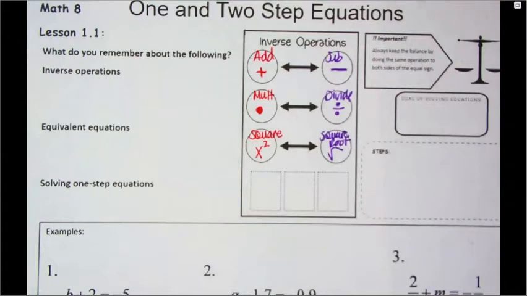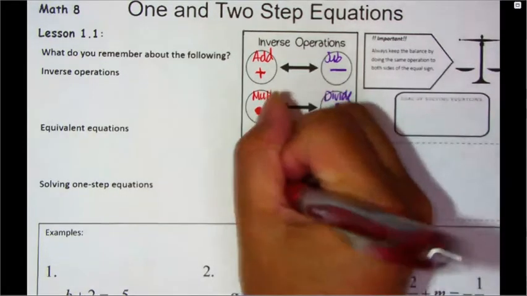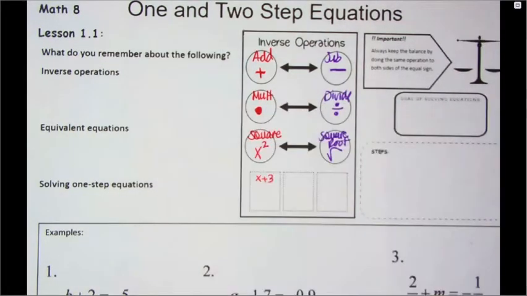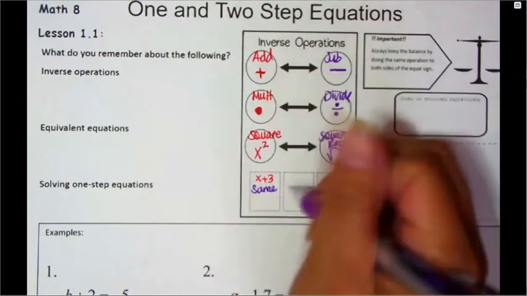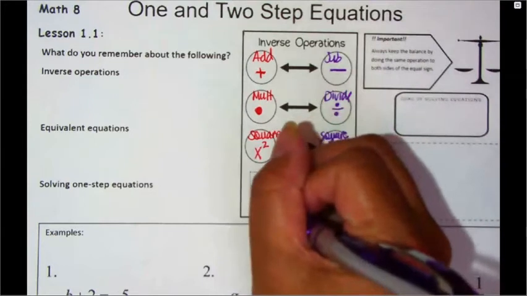Now, sometimes we also want to see how things can be written differently and mean the same. So, x plus 3 is the same as 3 plus x.